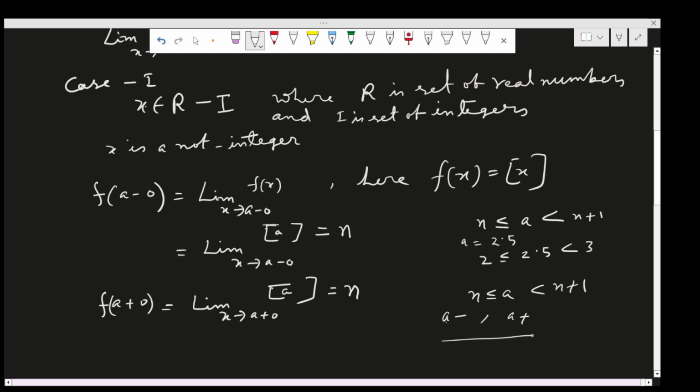See, obviously, use an example. Here considering a is equal to 2.5. This is 0, 1, 2, 3. 2.5 means infinite number of values, but greatest integer function's value is 2. Similarly, just less than also infinite number of values, greatest integer value is 2. So in these two cases same. So f(a) is equal to n in this case also.